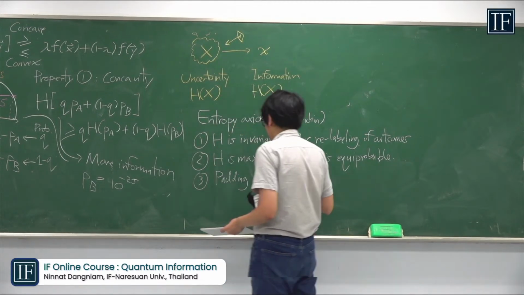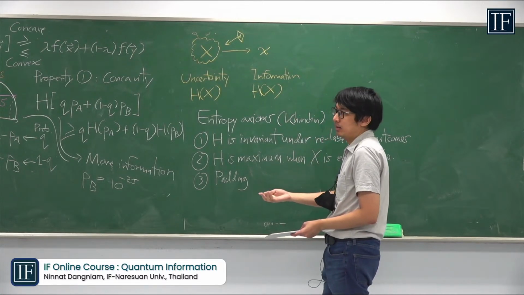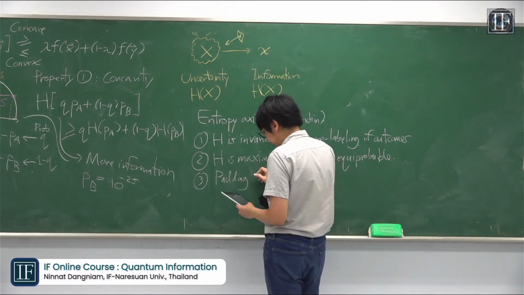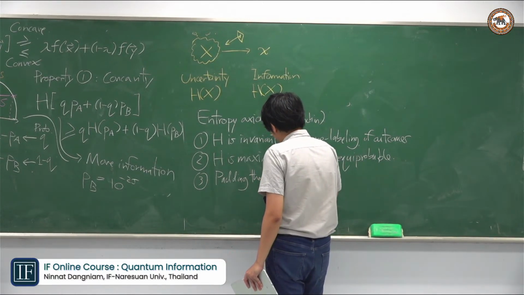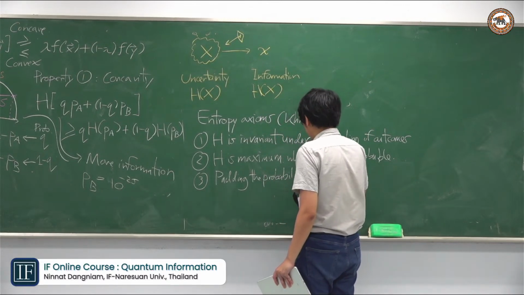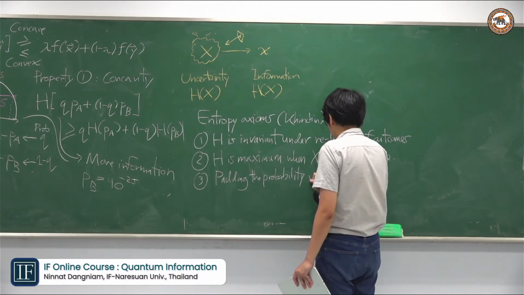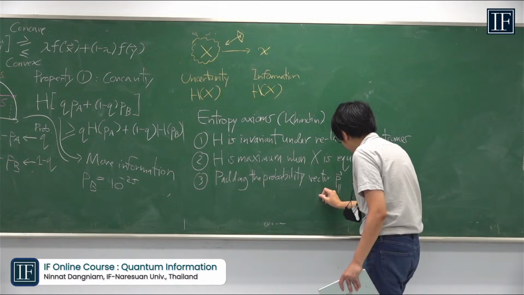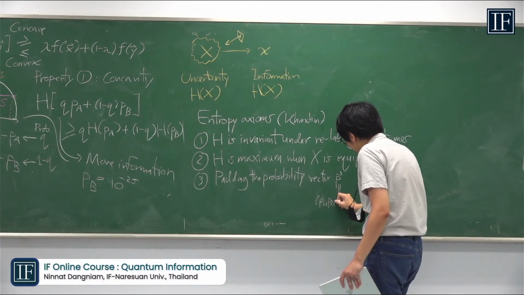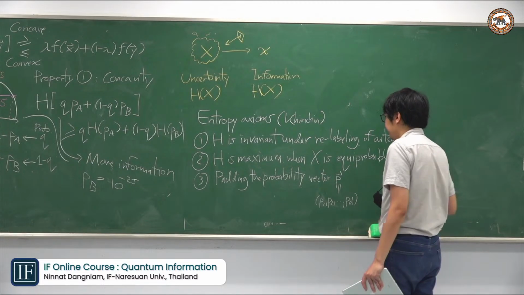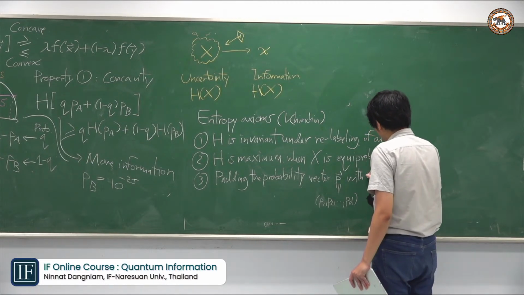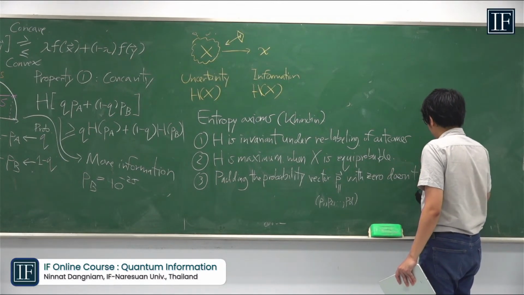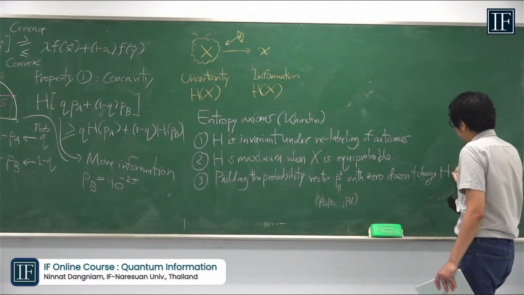The third one is that adding events or adding alternatives with zero probability doesn't change the value of the function. By p here I just mean p1, p2, ..., pd; adding a zero doesn't change H.